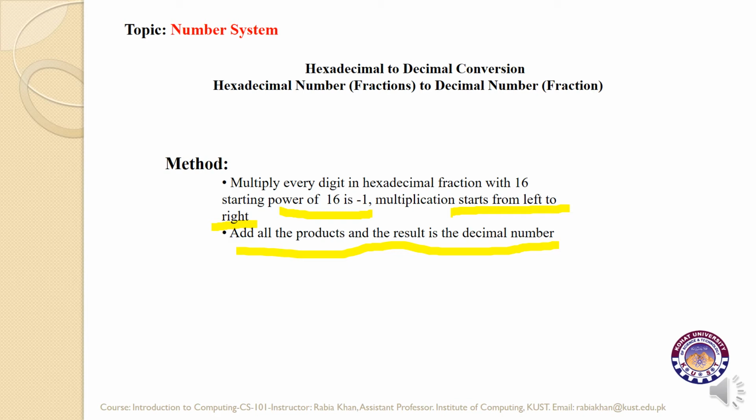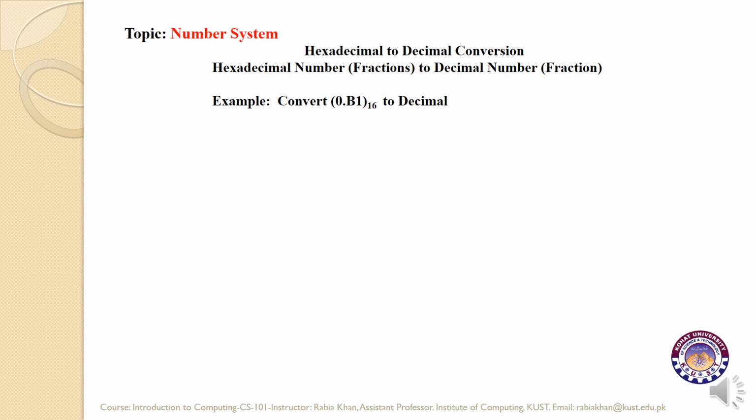Let's see with a few examples how we can apply this method. Here we are given a hexadecimal fraction 0.B1, and we have to convert it into a decimal number.